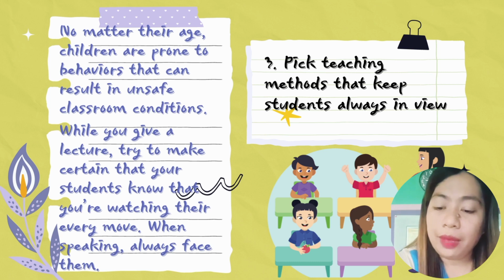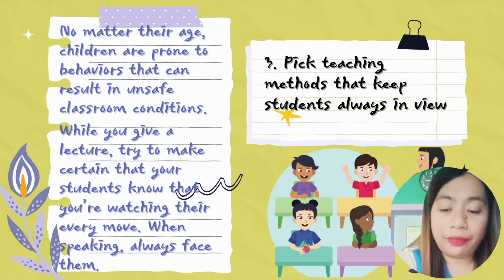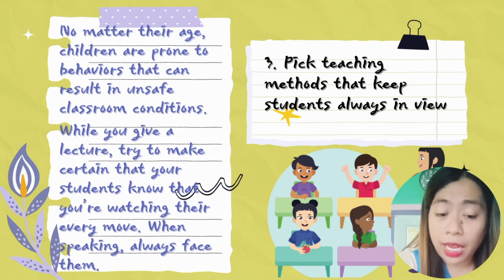Number 3, pick teaching methods that keep students always in view. Teachers must watch their students carefully at all times to prevent safety incidents. No matter their age, children are prone to behaviors that can result in unsafe classroom conditions.